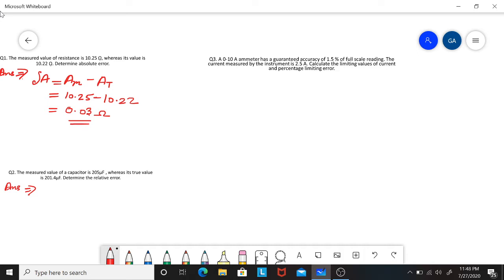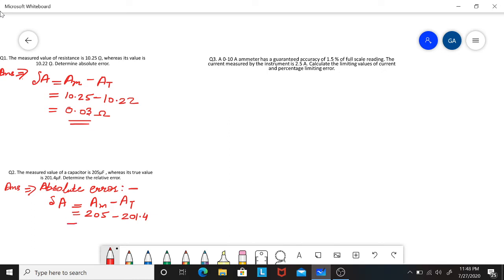So how can we write it? Absolute error, which is represented by delta A, equals measured value minus true value, right? Measured was 205 and true was 201.4.